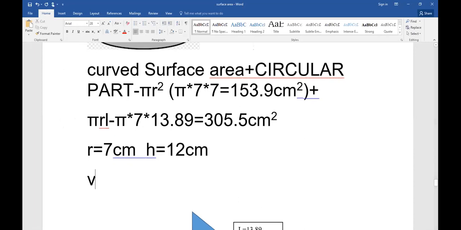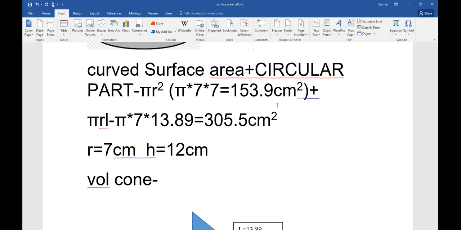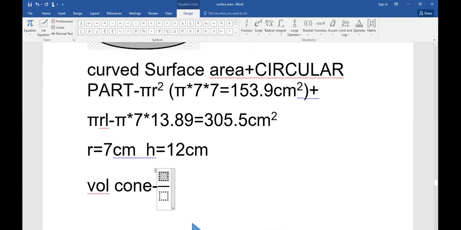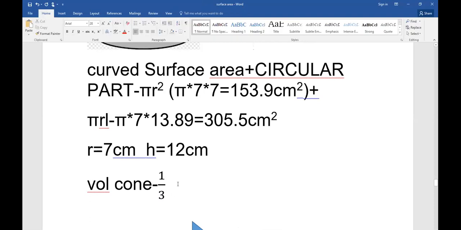Now let's find the volume of a cone. The volume of a cone is found by this formula here. One third base area times the height.